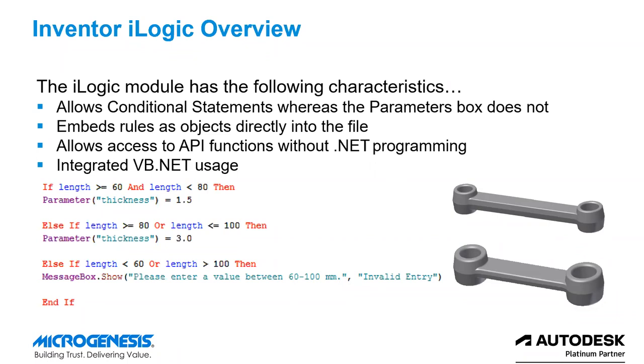Just assign 1.5 to my thickness of the component. Else, if that is not the condition, then go for the other condition and check it. If length is greater than or equal to 80, or length is less than or equal to 100, then assign the thickness to this parameter. It's very intuitive, very easy, English type.